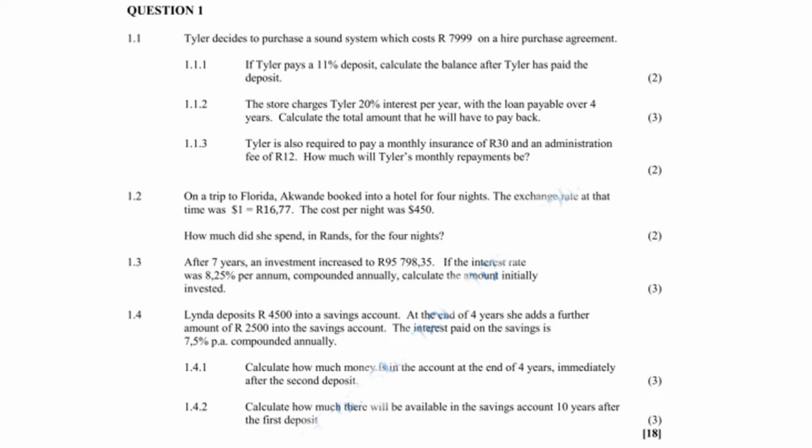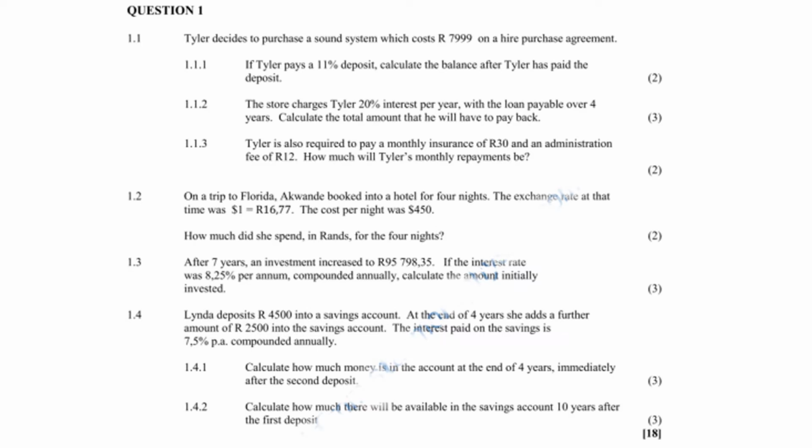Hire purchase is a system in which a person pays for something in installments while having the use of it. So here Tyler has purchased the sound system which costs 7,999. And then 1.1.1 says if Tyler pays a 11% deposit, calculate the balance after Tyler has paid the deposit.